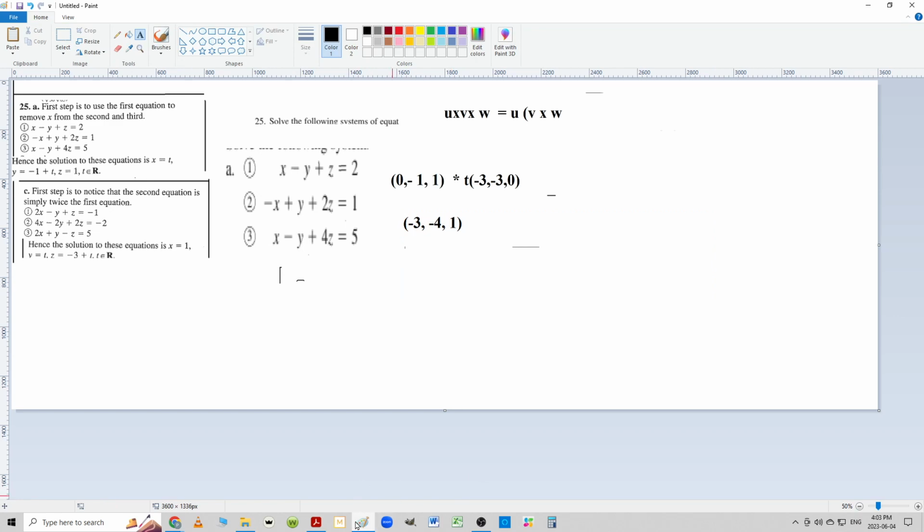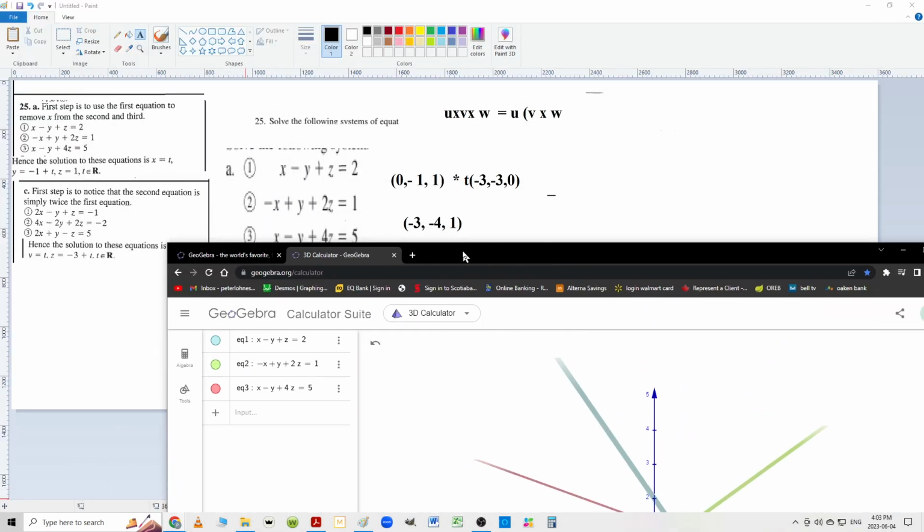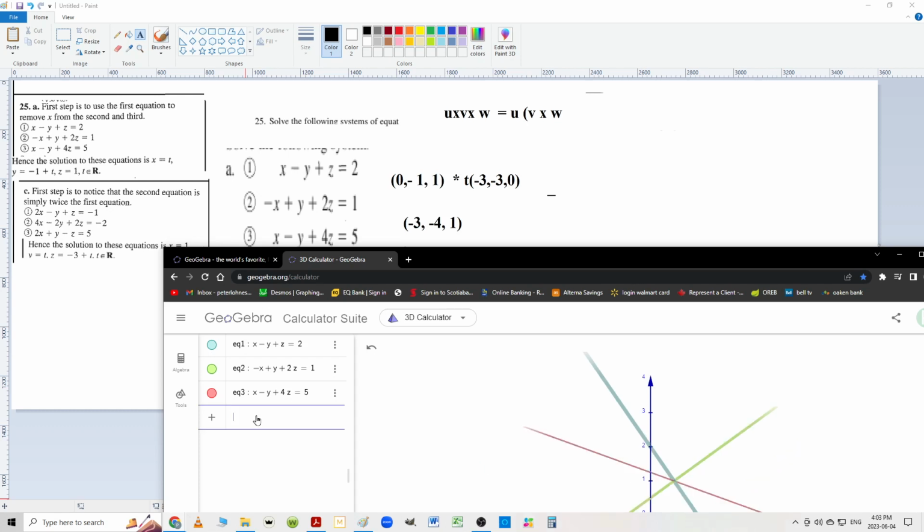So let's see, to prove this, we can go to our graph here. We can put in one of the points if we want, or we can ask it to draw a line. The direction vector option doesn't work very well, so we're going to do point comma point.